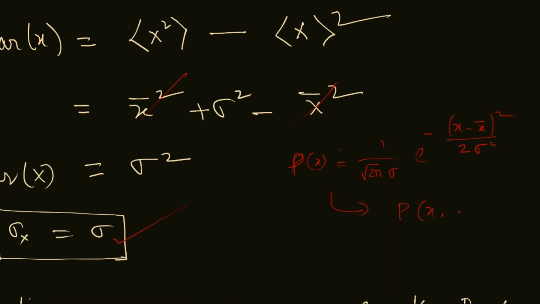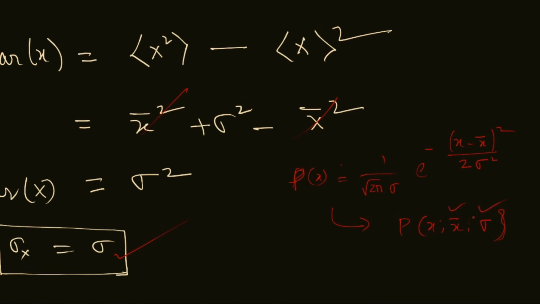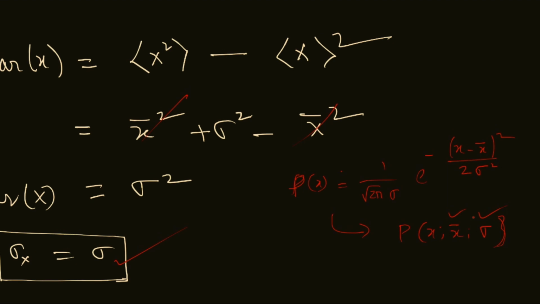In this case there are 2 parameters: one is the x average, another is sigma. These are the 2 parameters of this distribution function. Well, this is the end of this class.